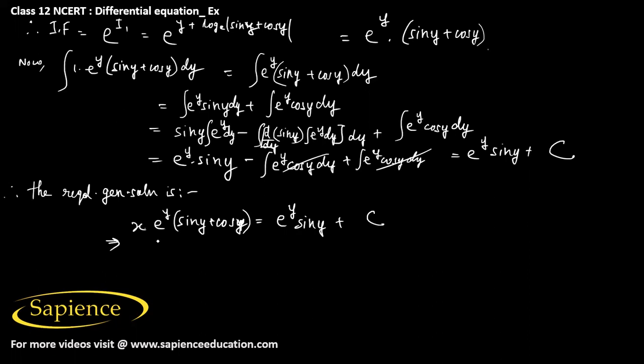So this can also be written as x into (sin y plus cos y) equals sin y plus c times e power minus y. So this is the final answer.